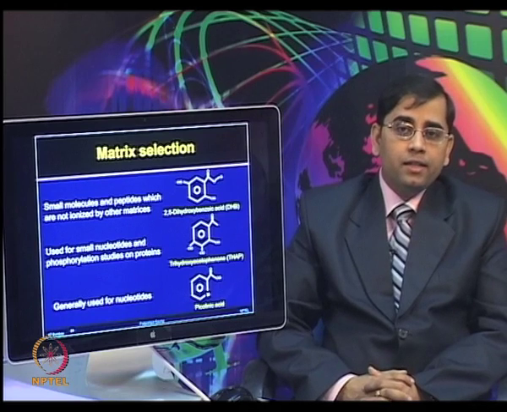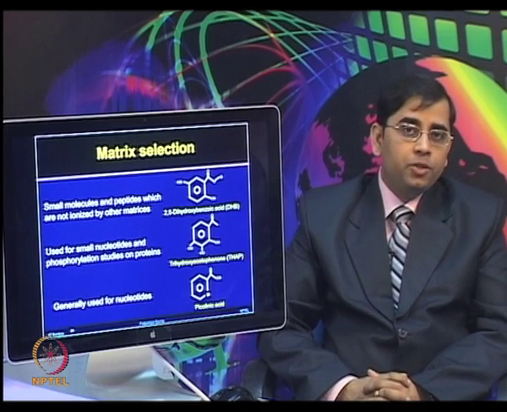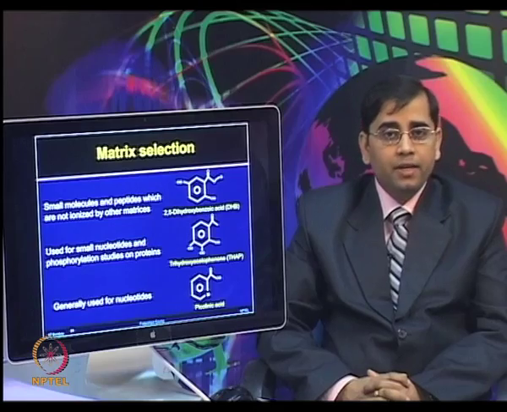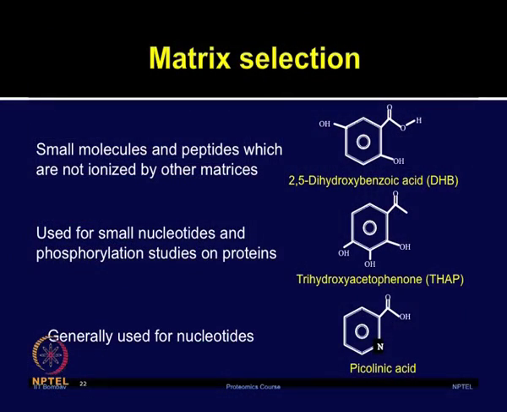Then you have options such as 2,5-dihydroxybenzoic acid, also known as DHB. Small molecules and peptides which are not ionized by the other matrices can be analyzed by using this matrix. Trihydroxyacetophenone, THAP, is used for small nucleotides and also used for phosphorylation and specialized applications.